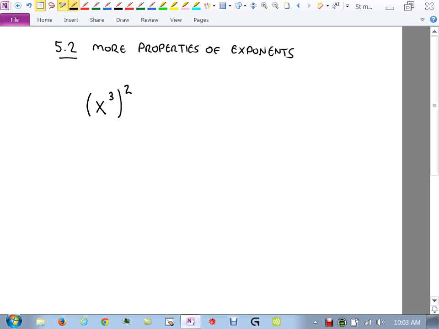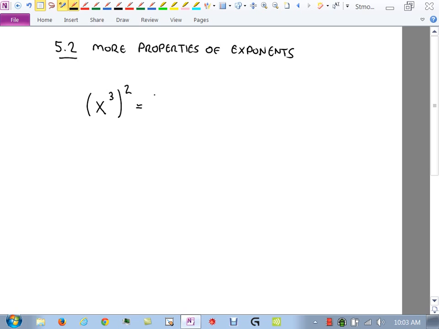Not add? Okay, as a student, it was confusing to me initially because I think I was taught where here's the property, but it wasn't explained why it worked. So I'm going to show you why this is actually x to the 6th. What does it mean to square something? Doesn't that mean whatever it is times itself?